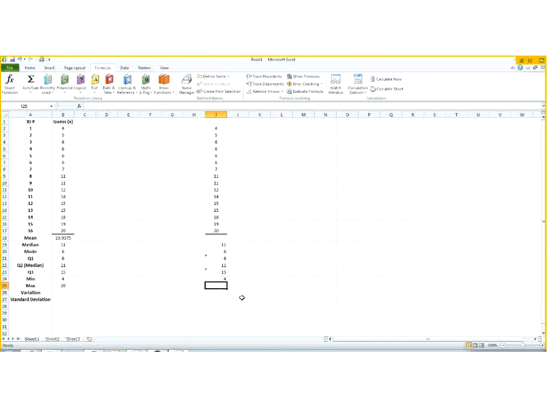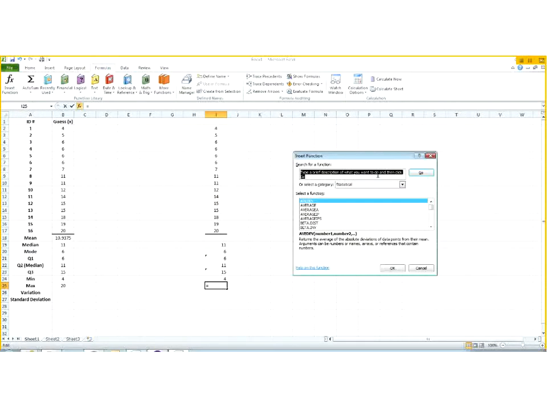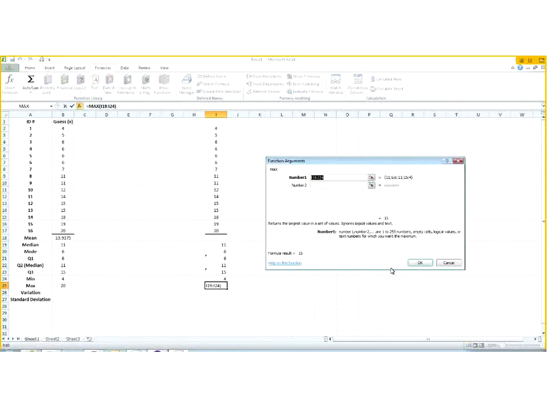The same thing with the max. There is a button for that too. So again, if they're not in order and you want to find that really quickly, we can do that. You click on that Insert Function button, the f of x button. Make sure we're in the right category. Scroll down until we find where it says Max, click on Max, and tell it OK.